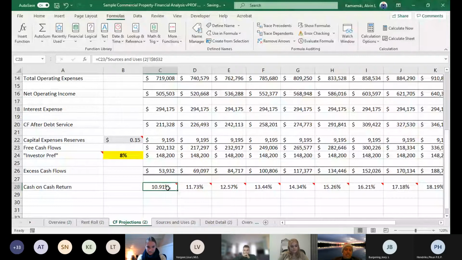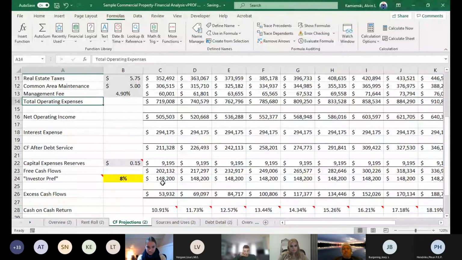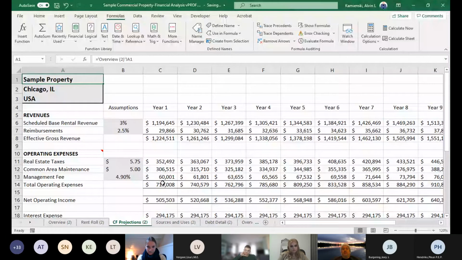And so long as this number is bigger than the 8%, then we should have sufficient funds from which to pay back our 8% promise to those investors. So the statement of cash flows is by far the most critical of all of them.